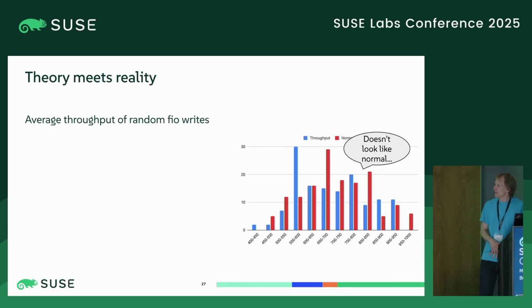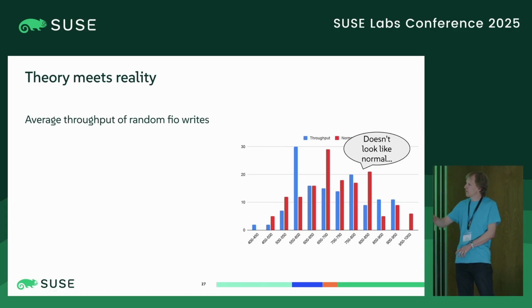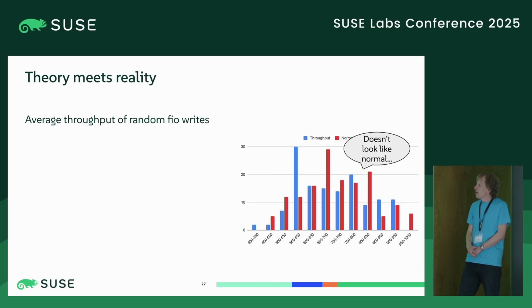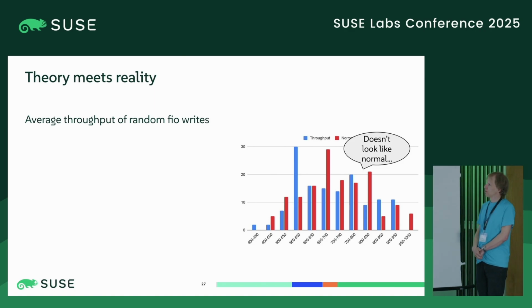If you compare it with the normal distribution, the red columns are samples drawn from a normal distribution, the same number of samples, the same mean and standard deviation, and the random samples looked like this.